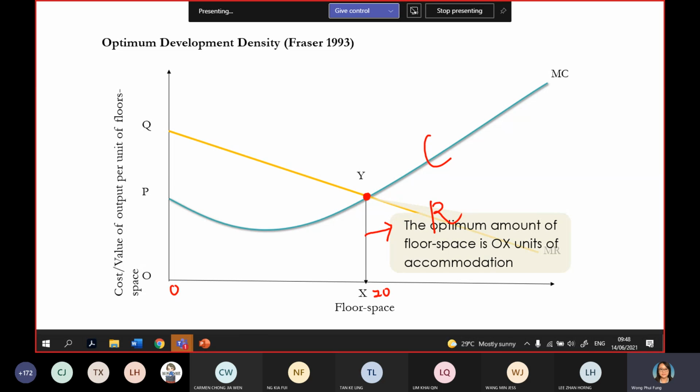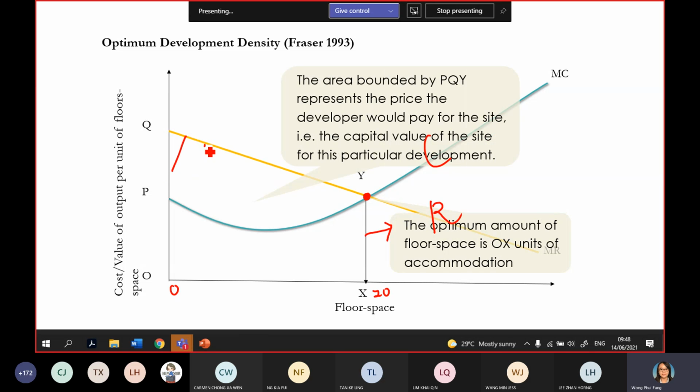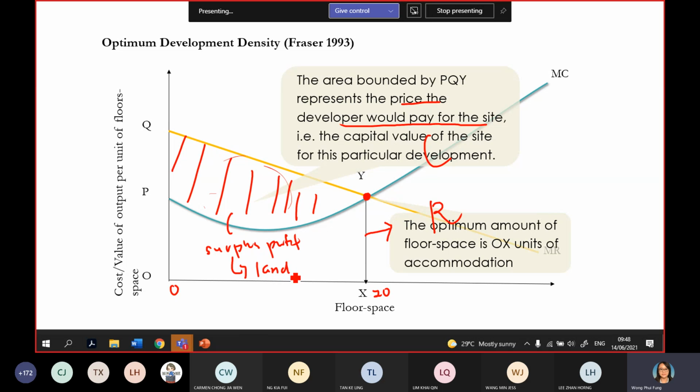Okay, so this is what we say. This is the area PQY. This area bounded by PQY is the price the developer will pay for the land cost. So this is what we say, surplus profit. Okay, as I told you before, you have to make a very important assumption. Assuming whatever profit that you have, you use it to pay the landowner for the land cost.